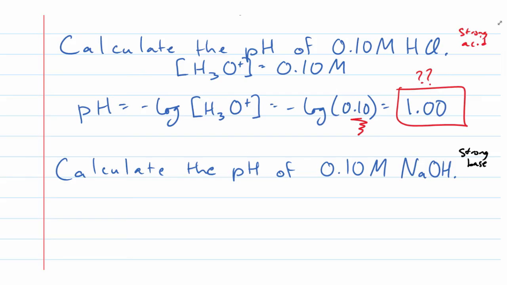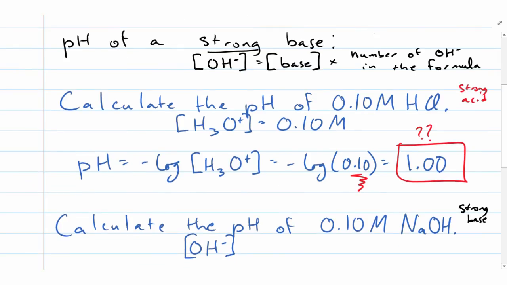then we want to calculate the pH, but we can't find the pH first because we don't know the concentration of hydronium ions. We are, however, able to first find the concentration of the hydroxide ions.